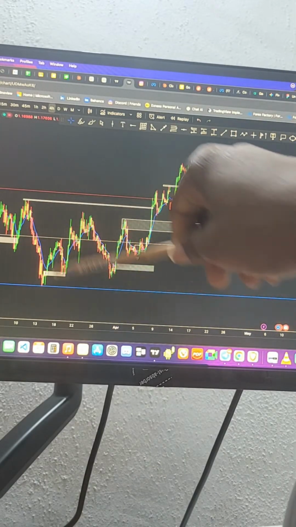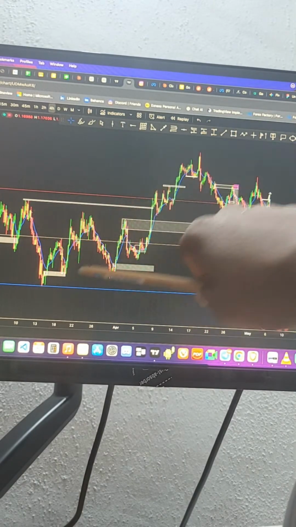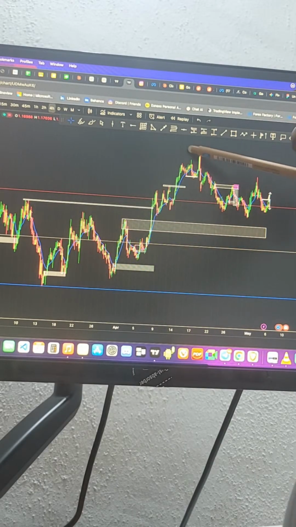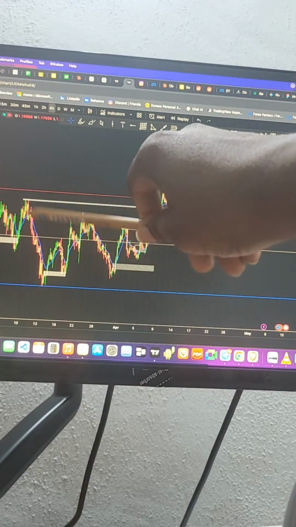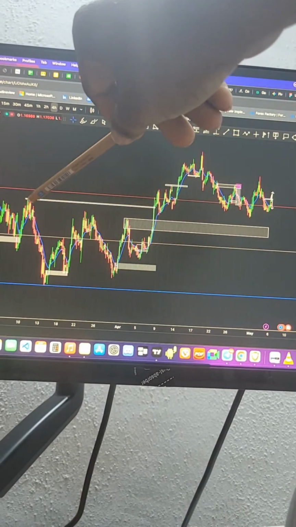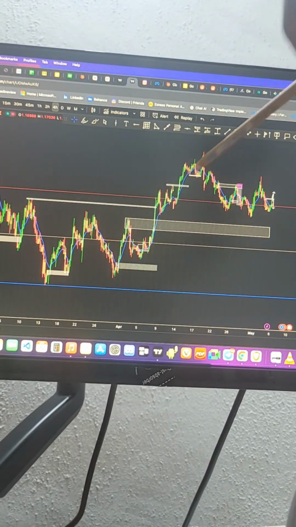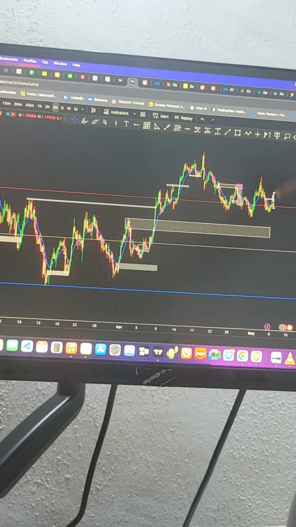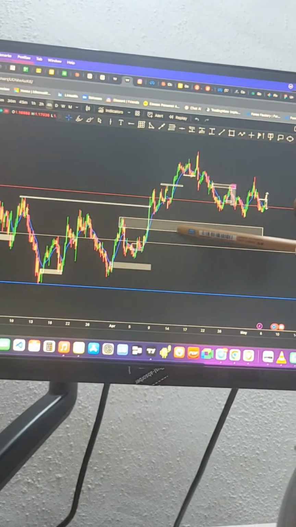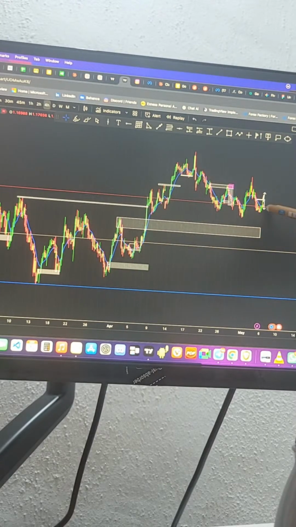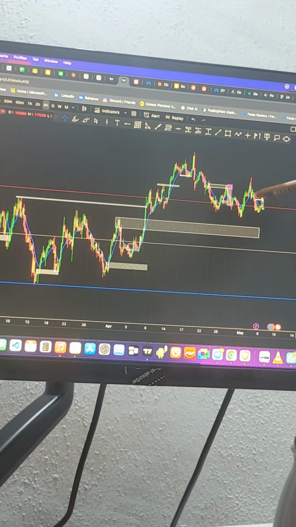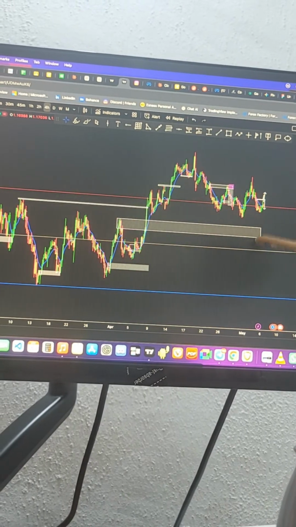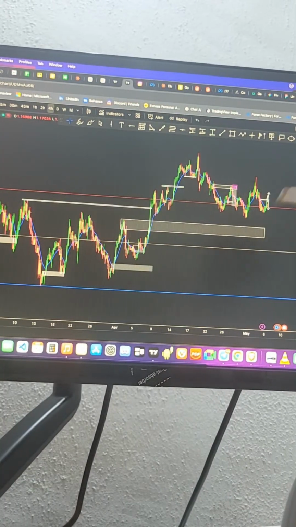Euro USD just did a market structure shift. It violated this lower high and broke structure to the upside. So this is where I'm anticipating it to come back to. This is where it is currently. I'm anticipating it to come back to this zone, so that's why I'm selling all the way down to this zone.